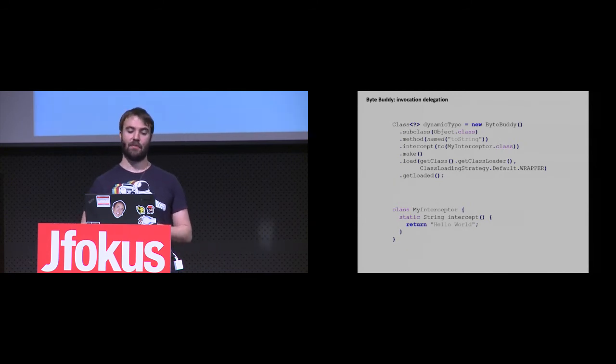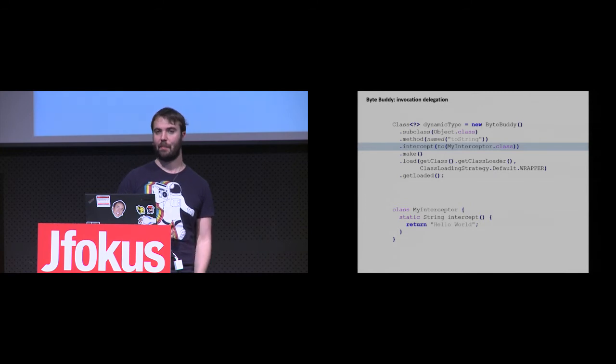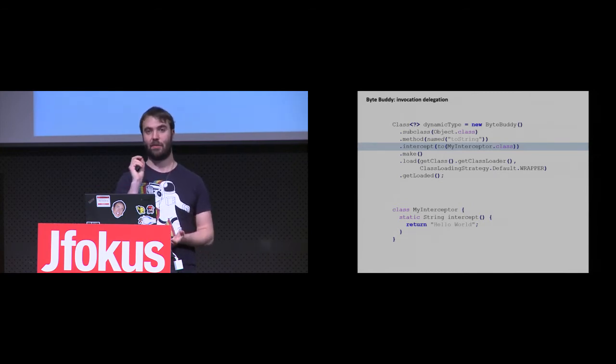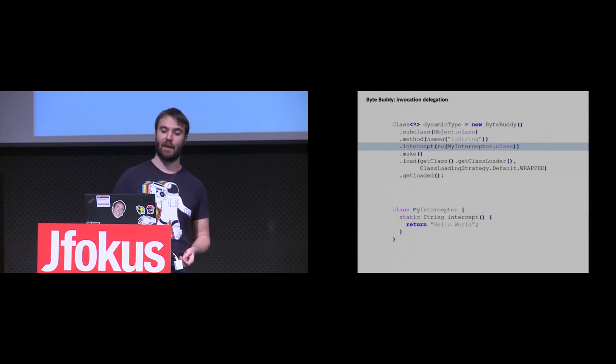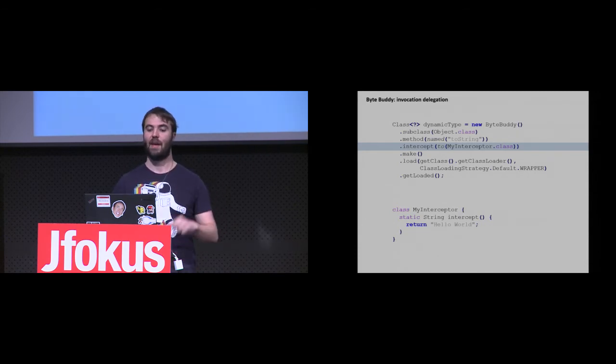So what we do here is that instead of calling the method that we originally intended to call, we want to call another method. In this case, we just say delegate, so this is a static import, the class is called MethodDelegation. So we say method delegation to my interceptor class. And my interceptor is obviously a class that you have defined. And in this case, it just goes to this class and finds any static method that matches the intercepted method best.